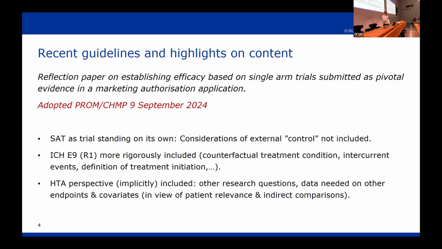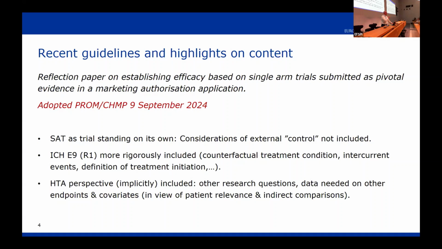So lots of the guidance is about first going through the hurdle. Apparently we are not able to do the trial. It needs to have a very strong motivation, but that doesn't mean that the single-arm trial will give you useful results. So the guidance is really, can I actually have a single-arm trial deliver useful results if it can't be avoided? So that's very much how the guidelines should be read.